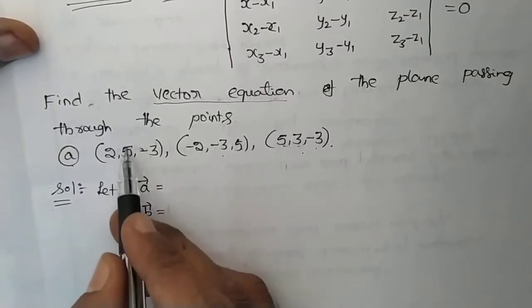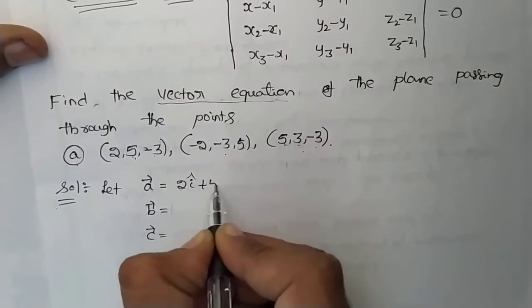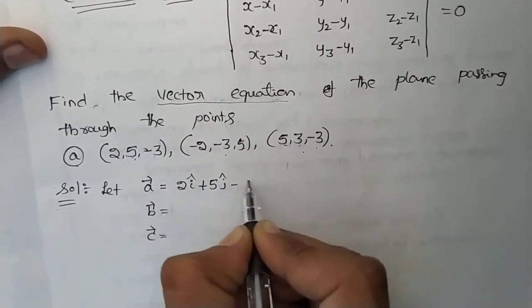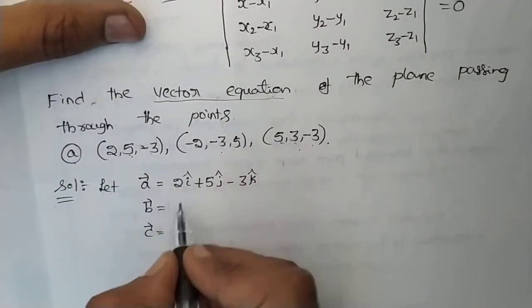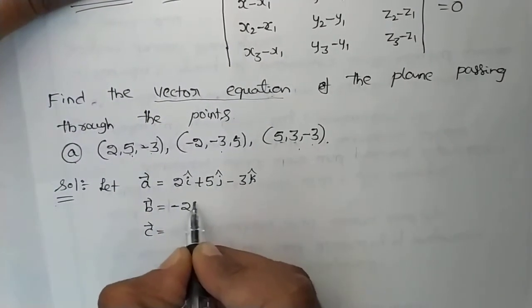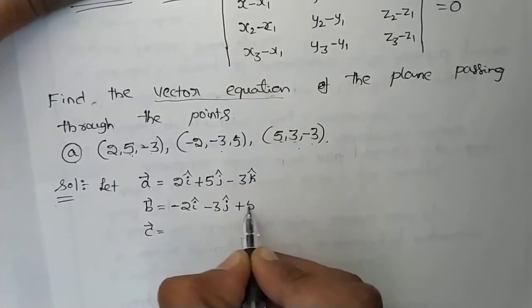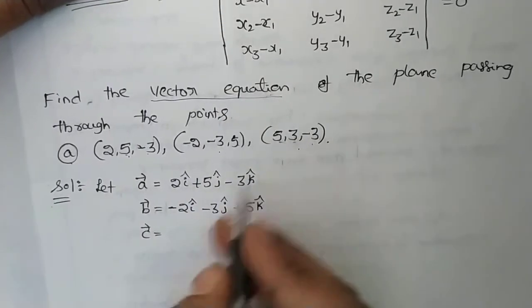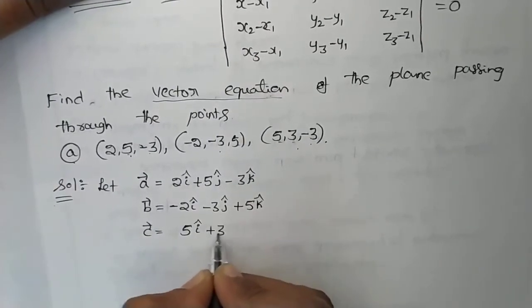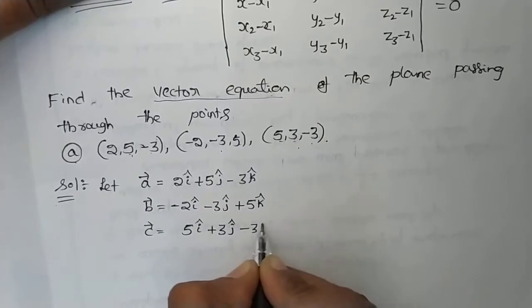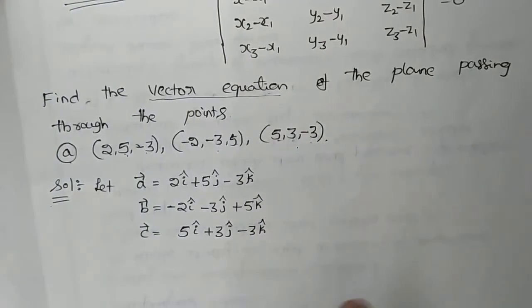Let us represent this in vector form: 2i cap plus 5j cap minus 3k cap. The b vector will be minus 2i minus 3j plus 5k. Point C will be 5i plus 3j minus 3k. Hence these are the vectors a, b and c.